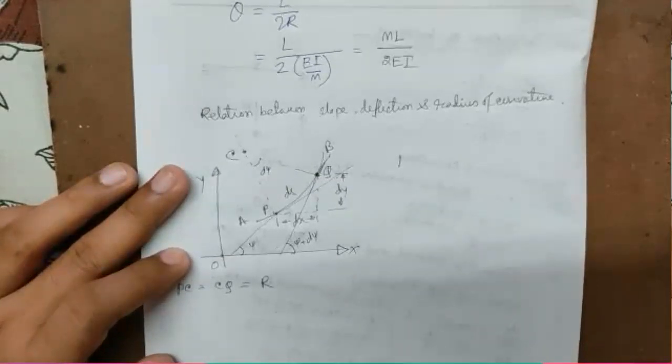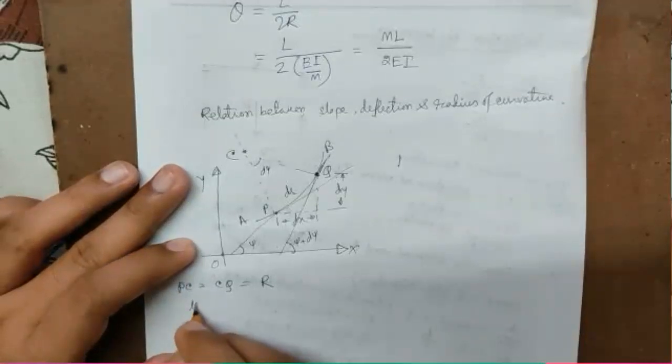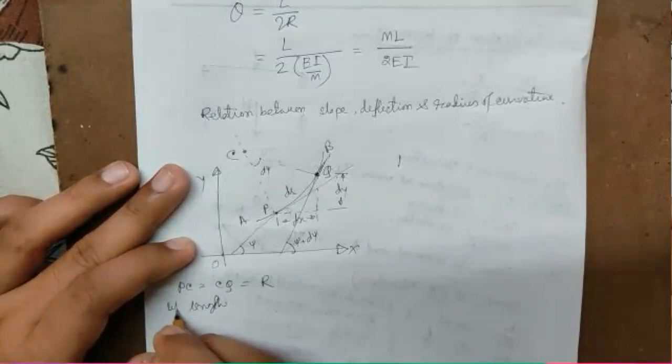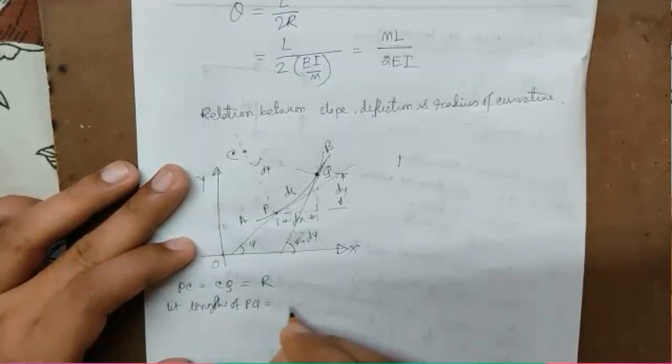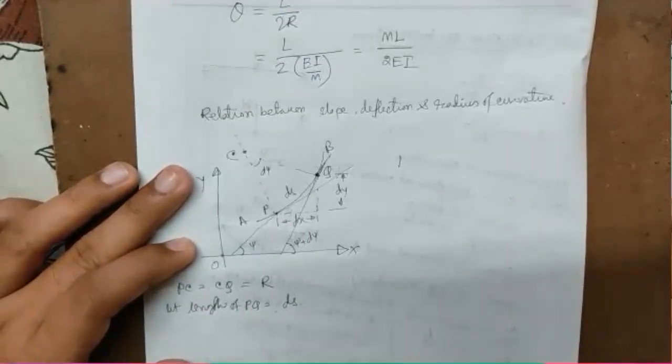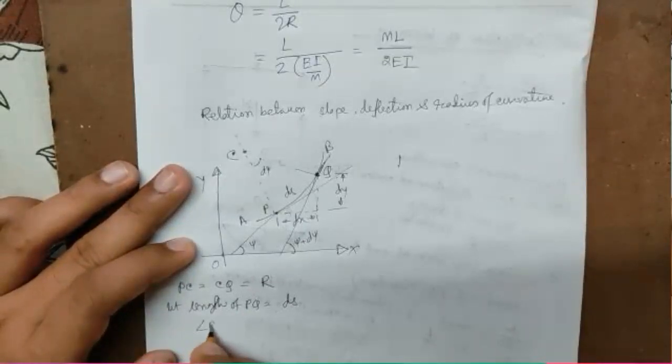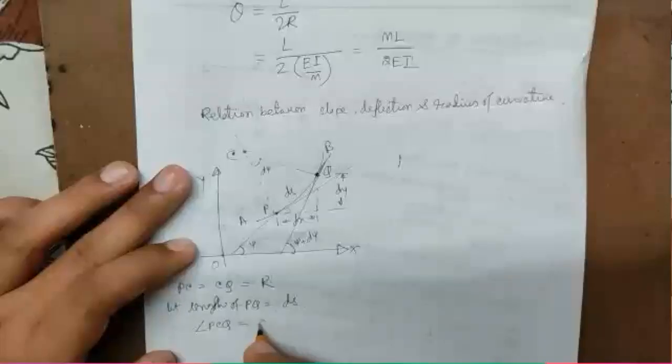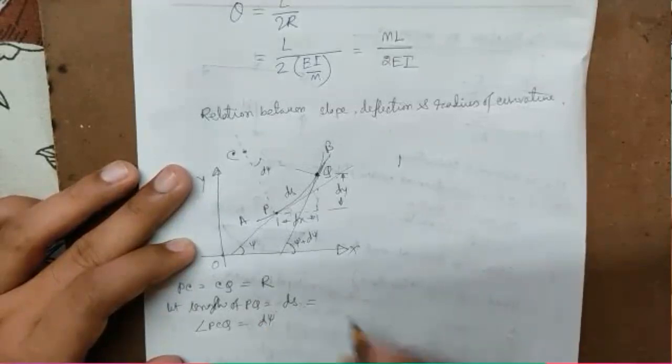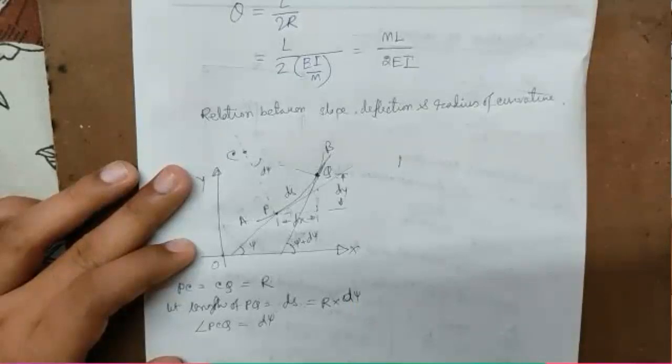Now let the length of PQ be ds. So angle PCQ from the geometry we can see is d psi. So PQ, ds, can be written as R into d psi. So from here we can write ds equal to R into d psi.